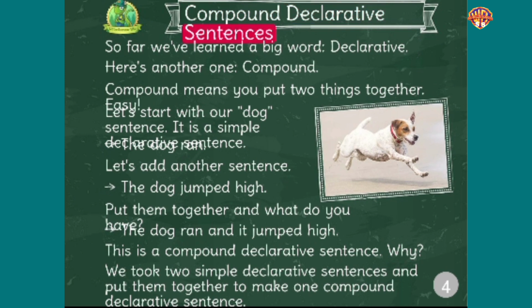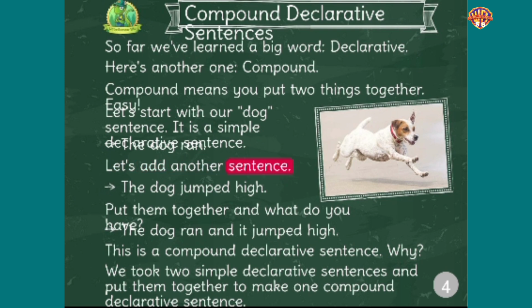Compound declarative sentences. So far, we've learned a big word, declarative. Here's another one, compound. Compound means you put two things together. Easy. Let's start with our dog sentence. It is a simple declarative sentence. The dog ran.